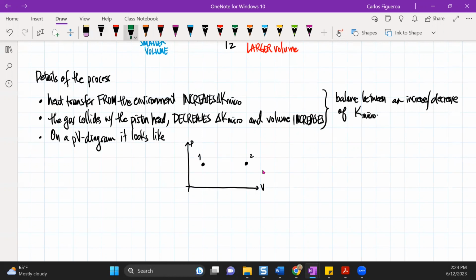And you can see in this process here, it's moving in a straight line because we know that at this point, the pressure of 1 and the pressure of 2 are constant, even though there's working and heating. So this process is an isobaric process.